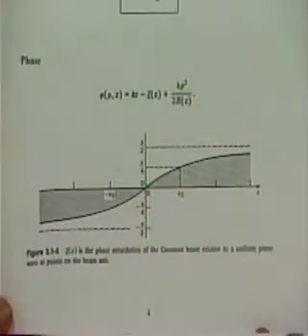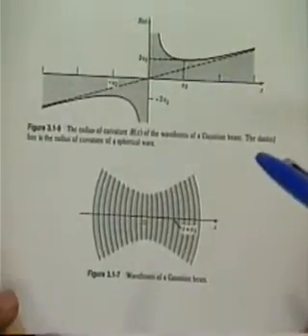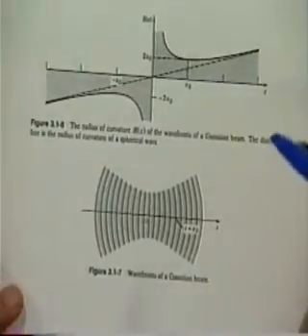Hard to explain. Okay, the next one we'll look at, going over a cookbook of things, is the radius of curvature of the Gaussian beam.